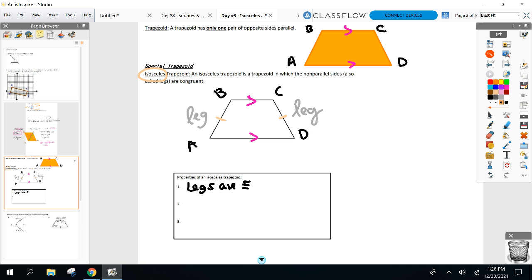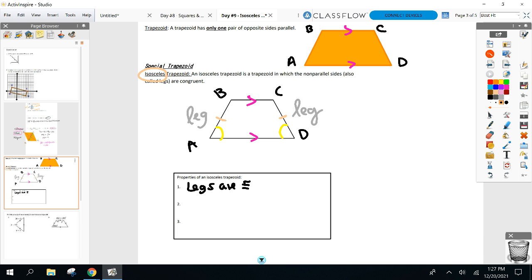Next one. Remember when we were in a triangle? What did we say about the angles across from the congruent sides? Anything else you think I should mark up here? Serena?